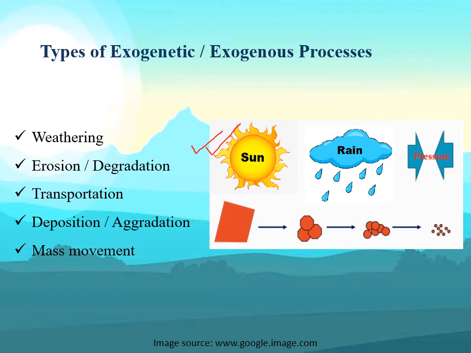Whenever sunlight falls in different intensity on the Earth's surface, depending on that, the local pressure and temperature condition of the atmosphere will vary, and depending on that, some areas suffer more intense wind movement, some areas suffer more intense rainfall, some areas suffer more intense heating and cooling during the entire daytime. Some areas suffer frost activity.